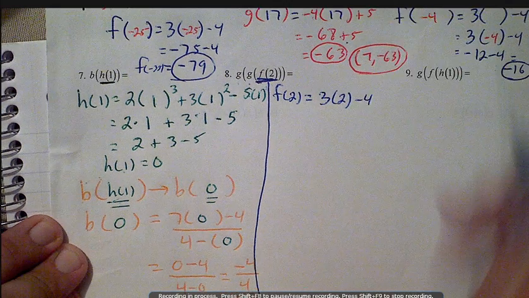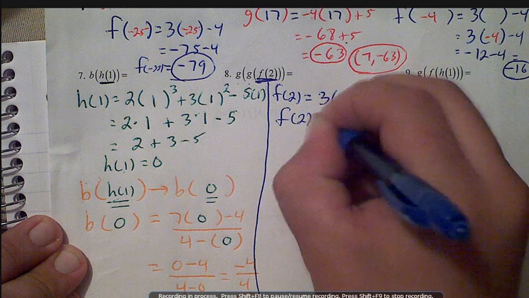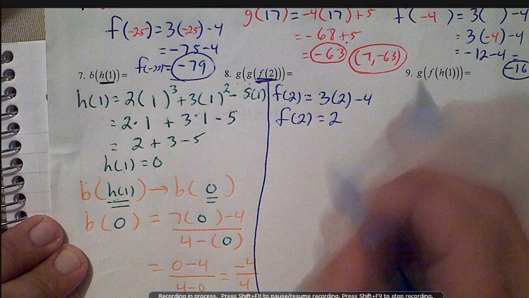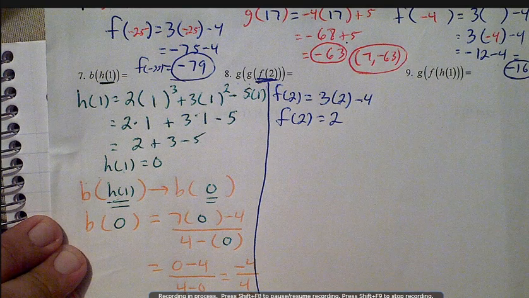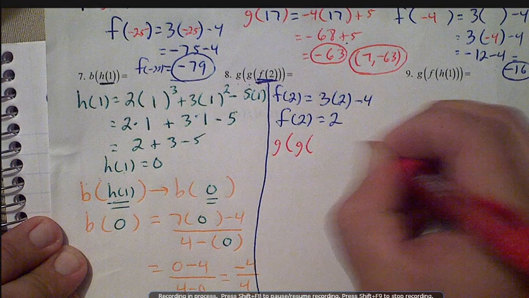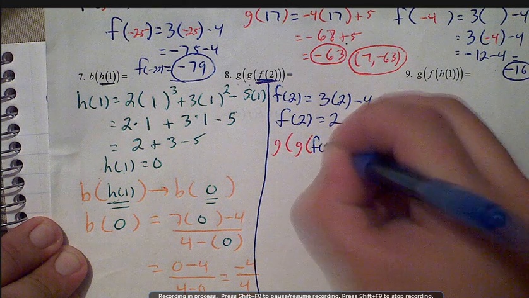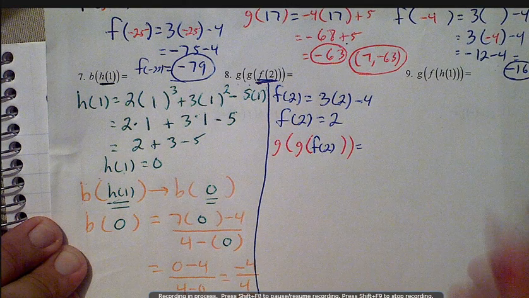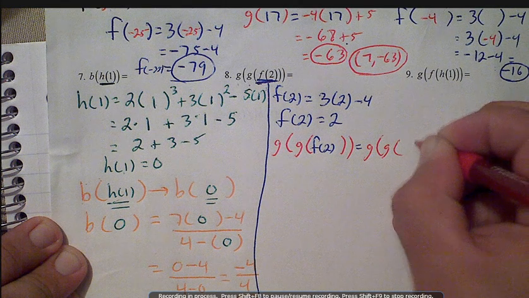So now the problem reads, instead of g of f of 2, it's going to become g of 2. The reason being, I'm substituting 2 in for f of 2, since 2 equals f of 2.